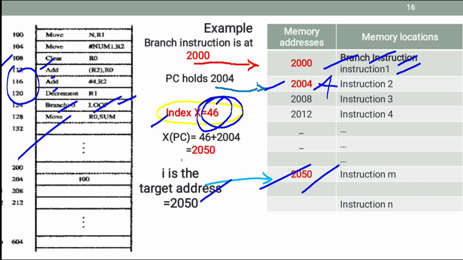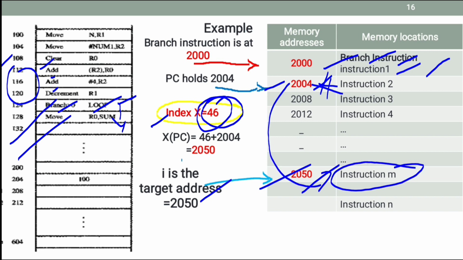But in this case it is conditional, branch greater than 0 means only if it is greater than 0 it will shift the program control back, otherwise it will come to the next. Here no condition is checked, simply it will shift the program control, instead of the next instruction, to the target address. In that memory location whatever instruction is there will be executed after the branch instruction, but not instruction 2.